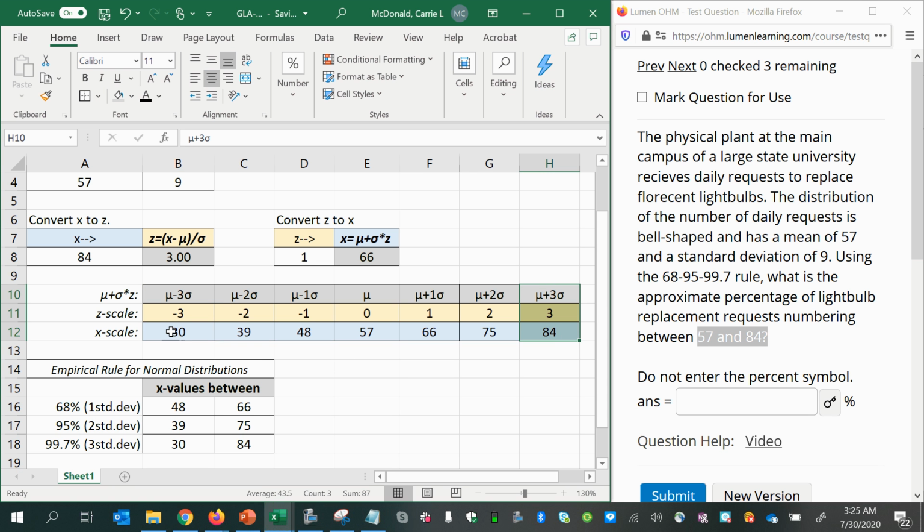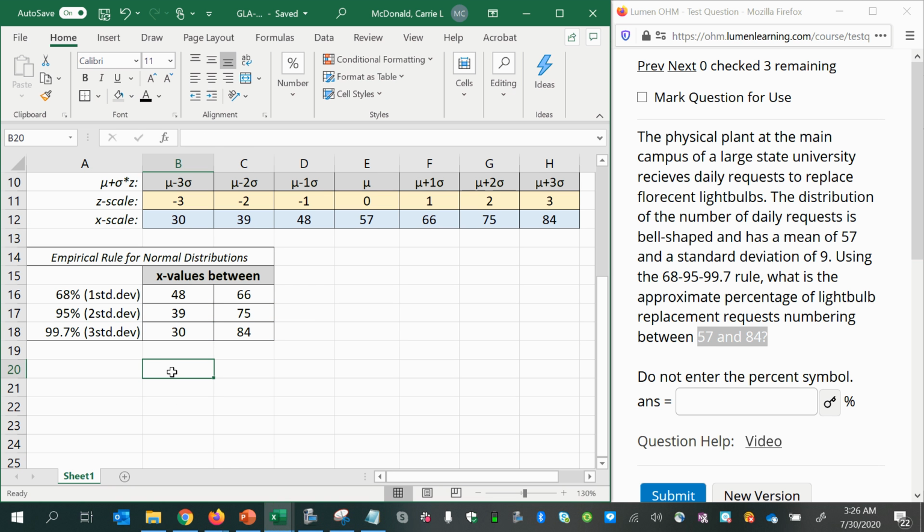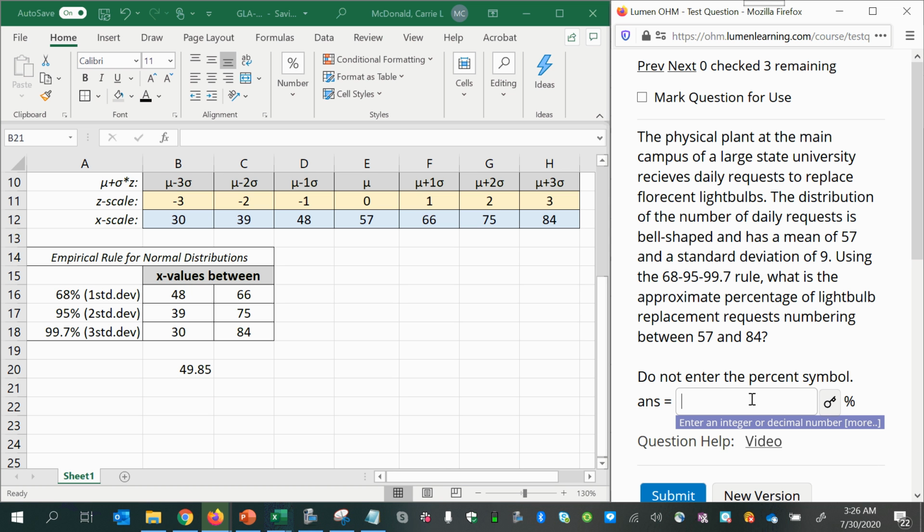However, I'm not going all the way from -3 to +3. I'm going only from -3 up to 0. So it's going to be half as much. So what's half of 99.7? 99.7 divided by 2, 49.85.